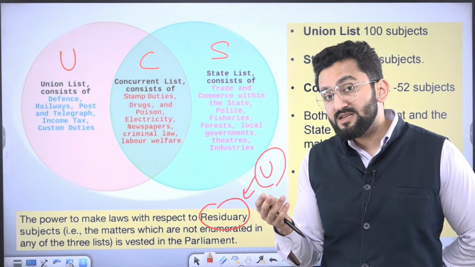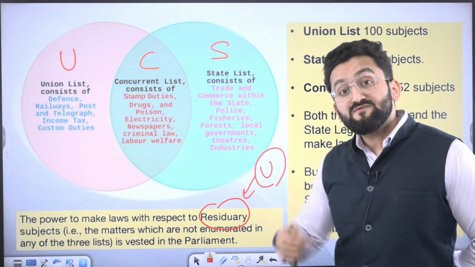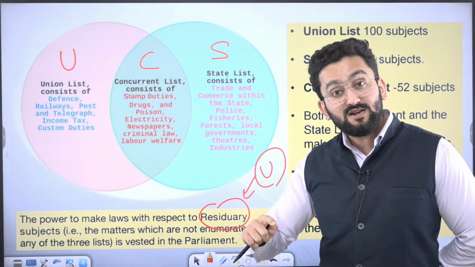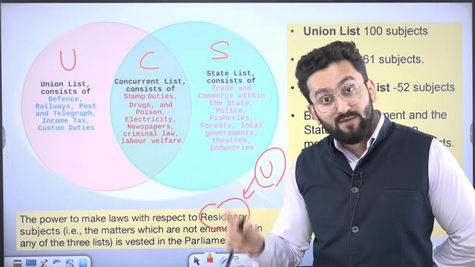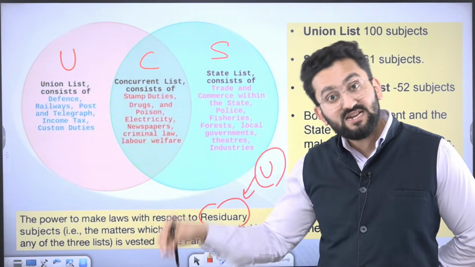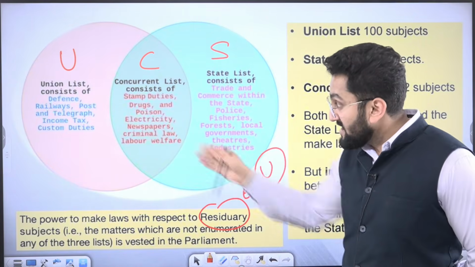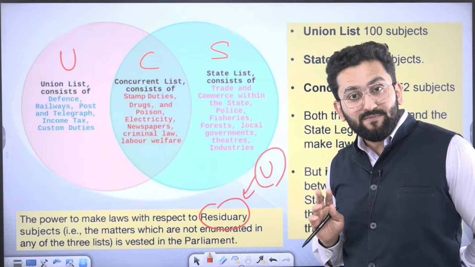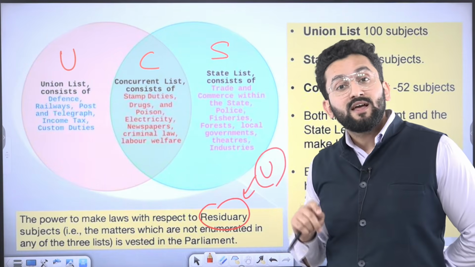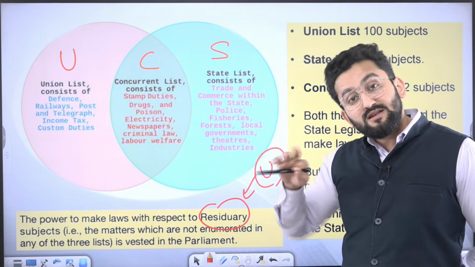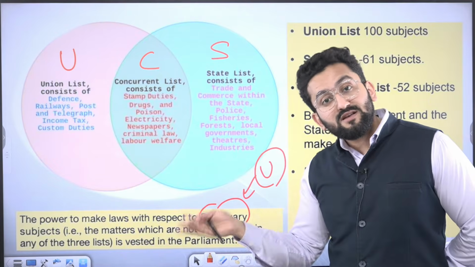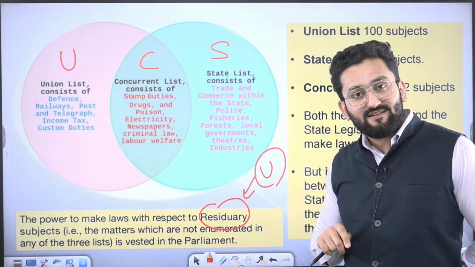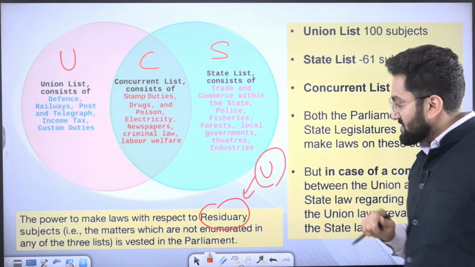The interpretation is that residuary power lies with the state. Any matter which is not specifically mentioned, the state is going to make law. But in the context of India, any matter which is not mentioned, the union is going to make law. And with Australia as well: in Australia also, residuary power lies with the provinces, meaning states. Okay? So there is a difference.